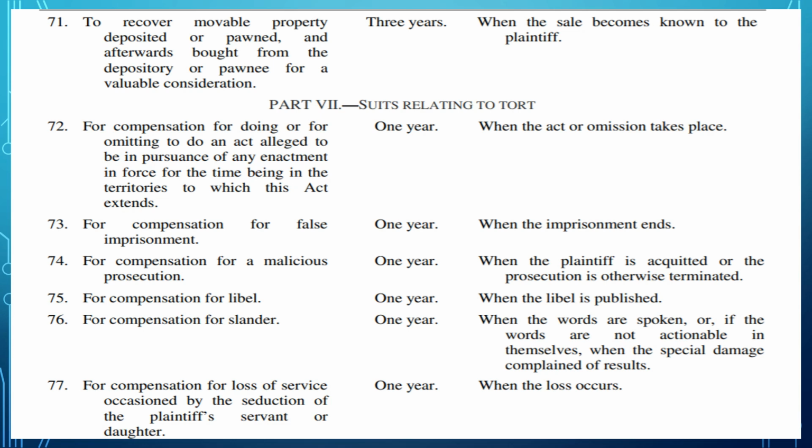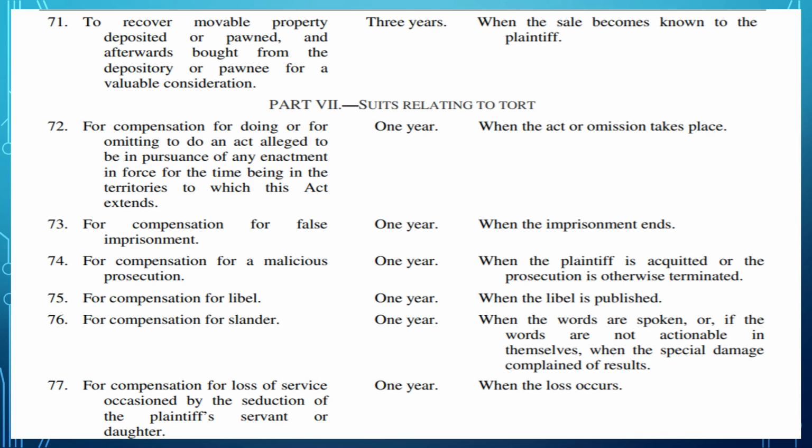And in case of libel or slander, when the libel is published or when the words are spoken, if the words are not actionable in themselves, when the special damage complained of results. So whenever you speak something bad about somebody, it is called slander. And whenever you speak, the 1 year starts from that period. And libel is something put in writing, defaming somebody. So the time period starts when you publish it.